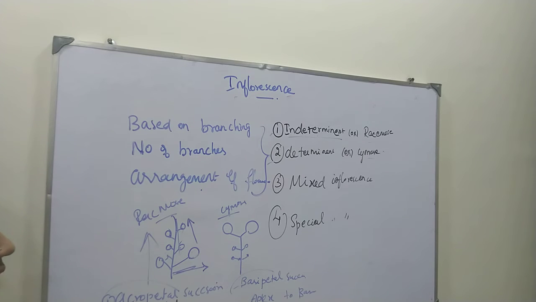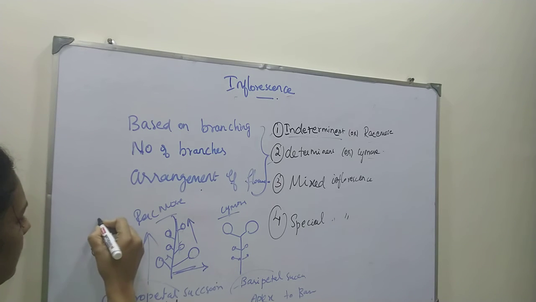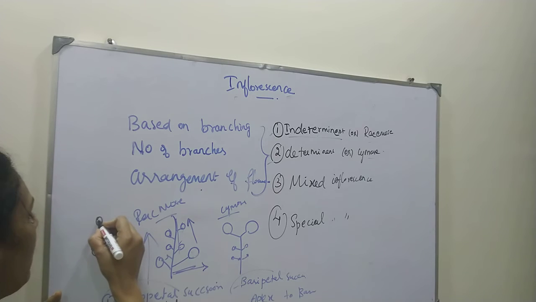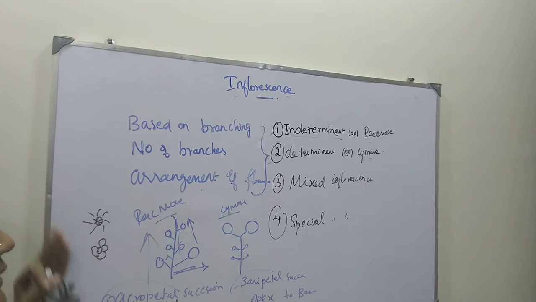Centripetal type of inflorescence means the peripheral part opens. Suppose this is a racemose type of plant. This plant has to blossom like this. First the middle part has to open, then the peripheral part has to open. So this is called centripetal.